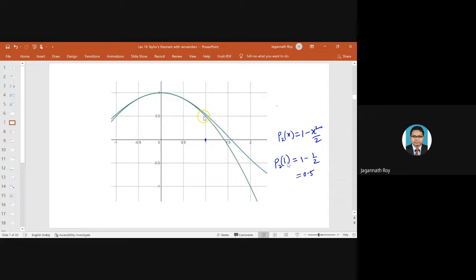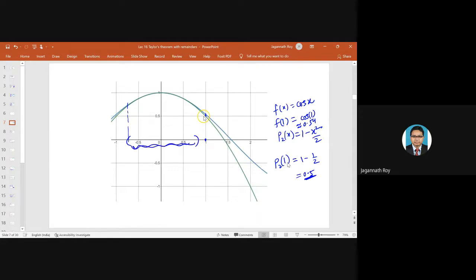But if you look at f(x) equals cos x, f of 1, that is cos 1, gives you 0.54. The gap between them is very small; they are very close to each other. So from 0 to here, this many points we get.